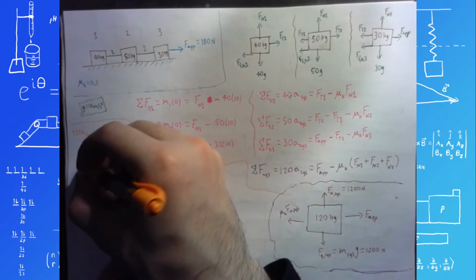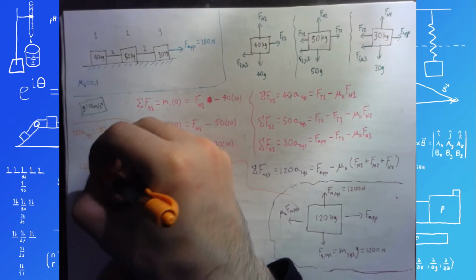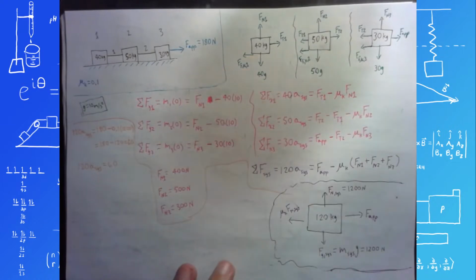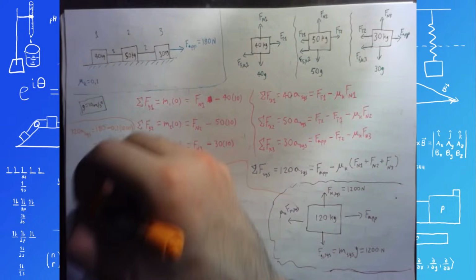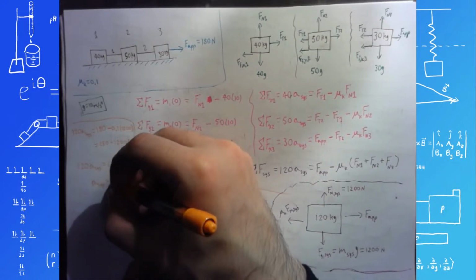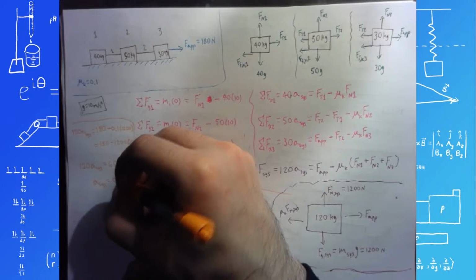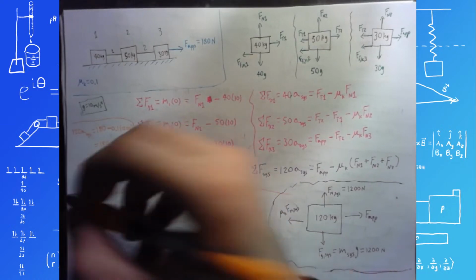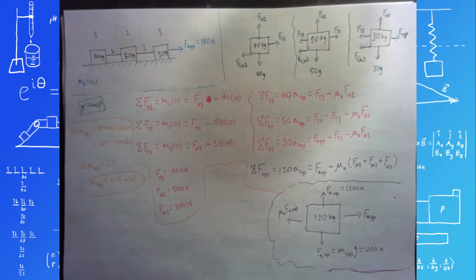So 120 times the acceleration of the system is equal to 60 newtons, and 60 divided by 120, the acceleration of the system must be 0.5 meters per second squared. Okay, so that answers the main question.